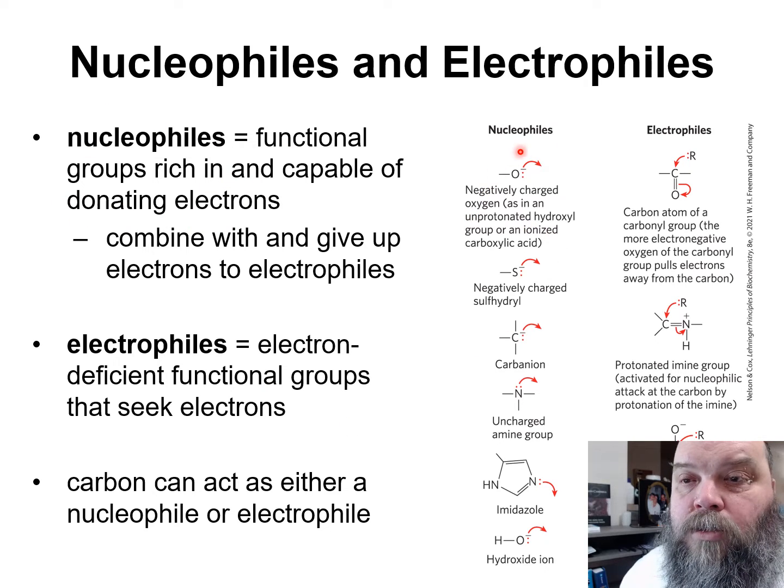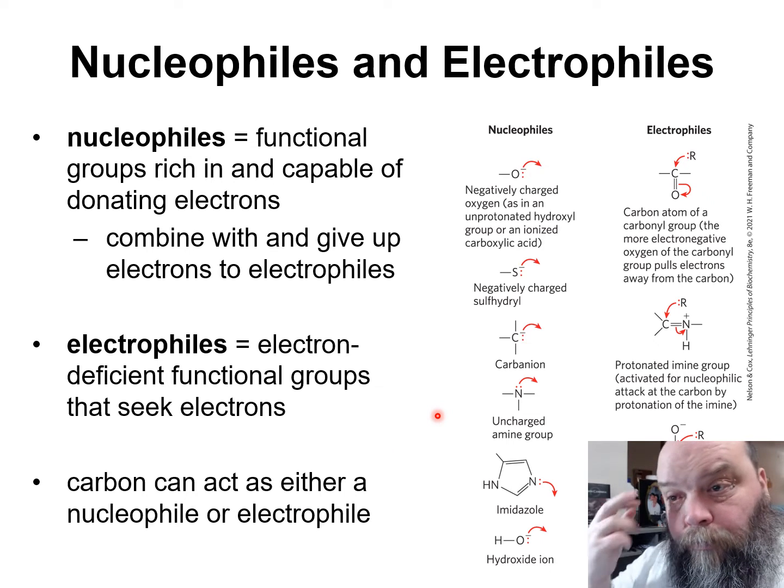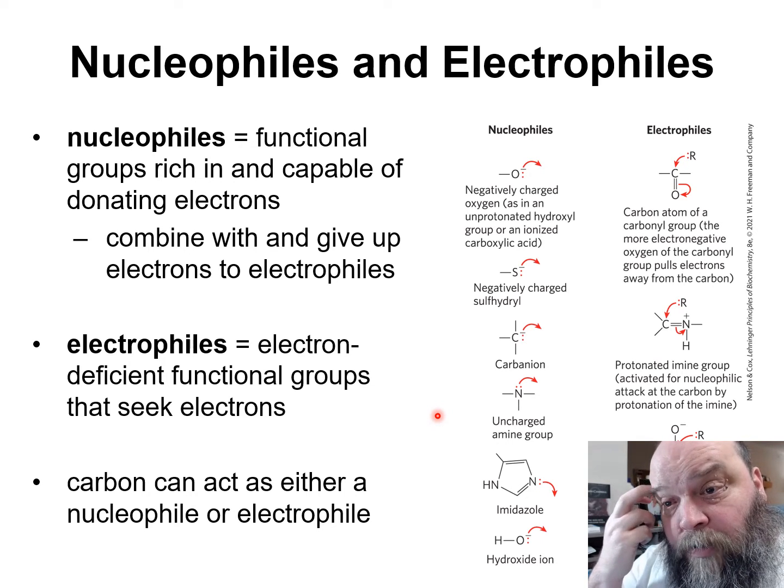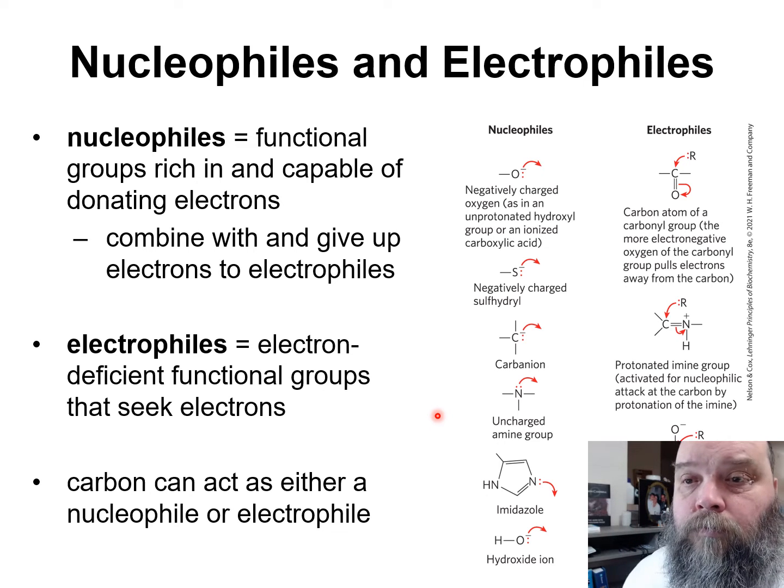It will donate the electron so that a bond can be formed. If an atom that is part of a molecule is readily available to accept an electron, it is an electrophile. It's going to want to interact with, bring in the electron.